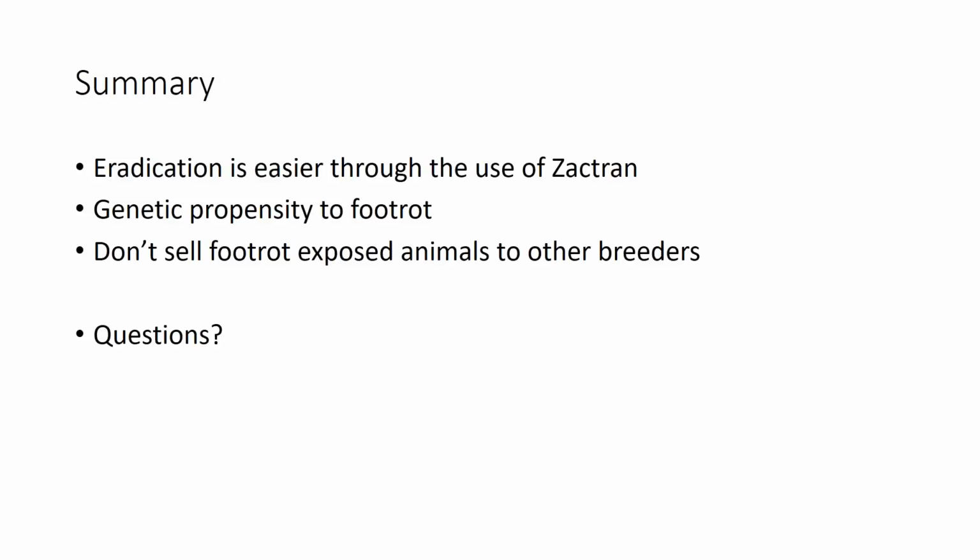I know people use things like lime, drying agents around, not pastures so much, but say around watering troughs where you tend to get some buildup of moisture. Other areas like feed bunks where you get some buildup of moisture. And that can certainly help, and it makes the environment better for the sheep and worse for the bacteria.